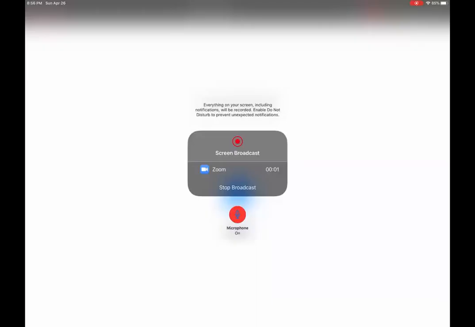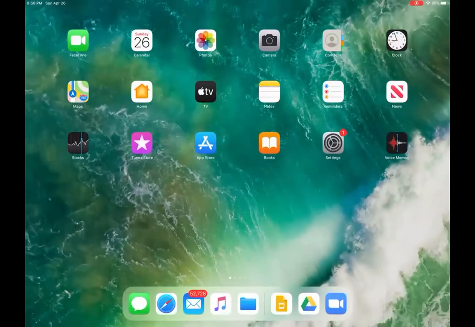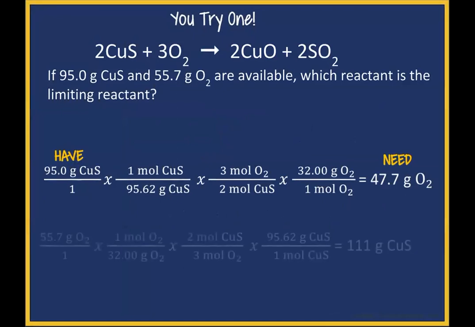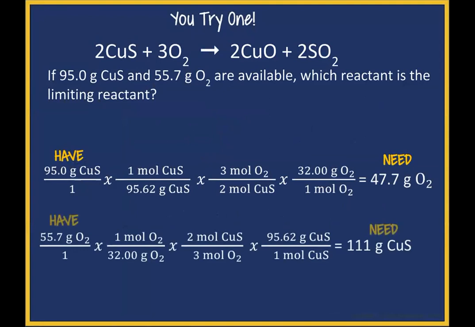So let's go back to the screen. And here's what we did. We have and need, and then we did this one. I did this on the whiteboard. We have 55.7 grams of oxygen.